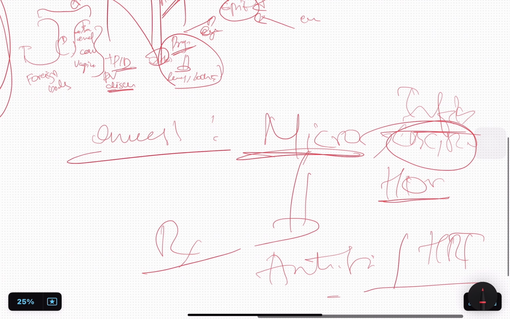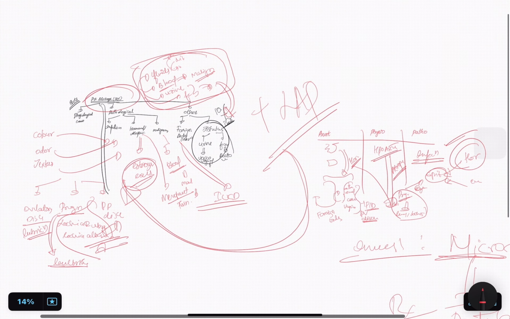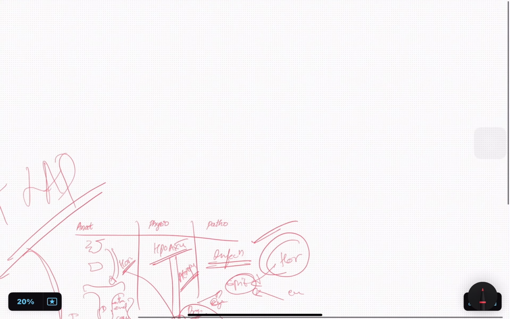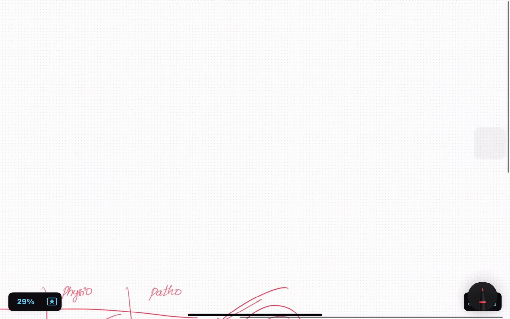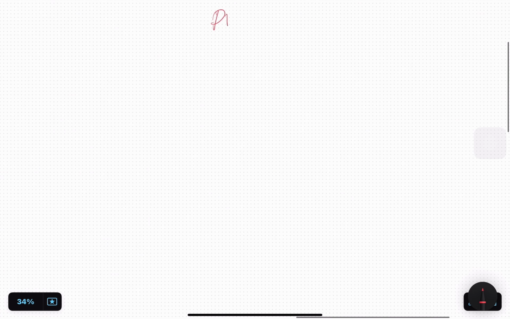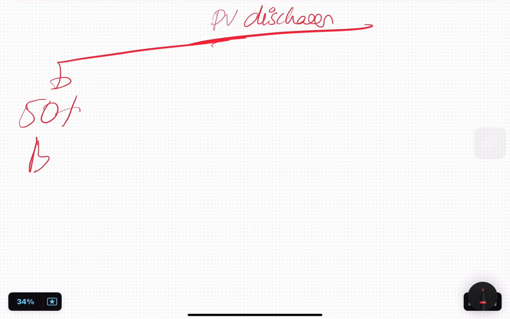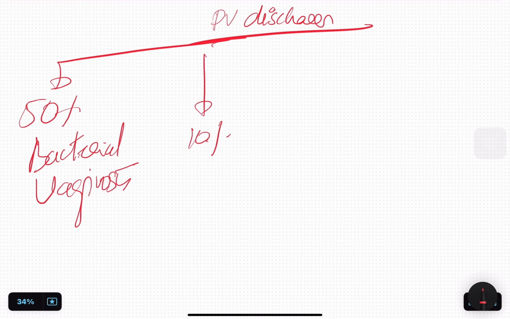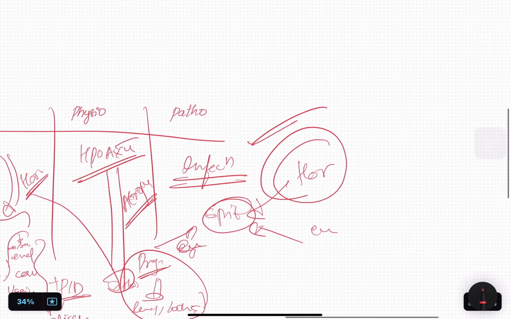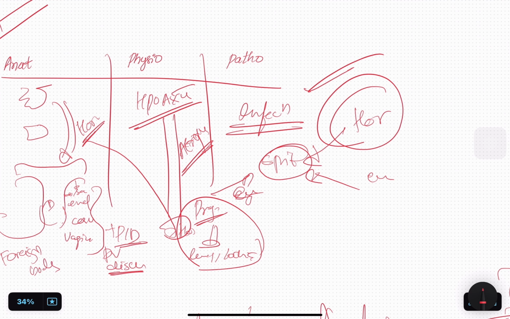Okay. So coming to statistics, I touched on what the causes are, but let me come to statistics proper. If it's a PV discharge, almost 50% of the cases will be bacterial vaginosis. Okay. 10% of the cases can be STI. One more thing here: if it's infection, it can be sexually transmitted or non-sexually transmitted.